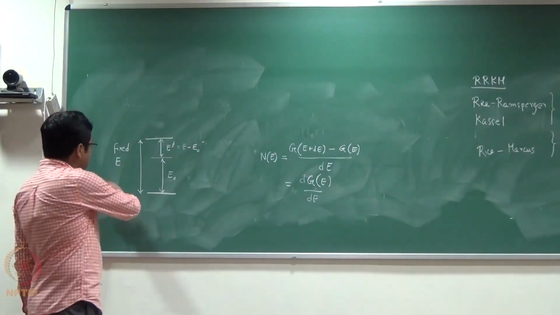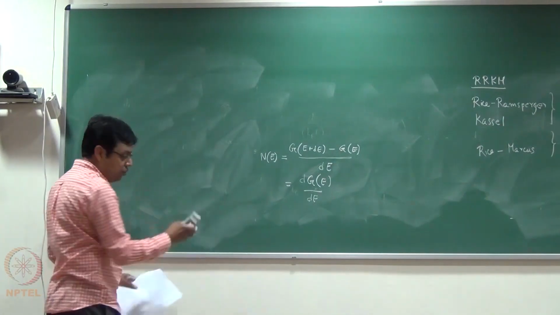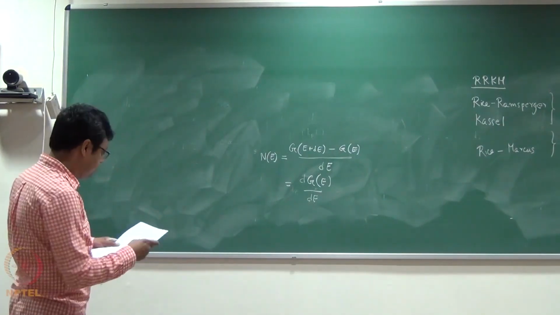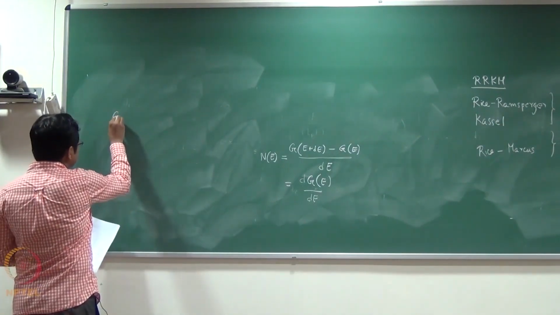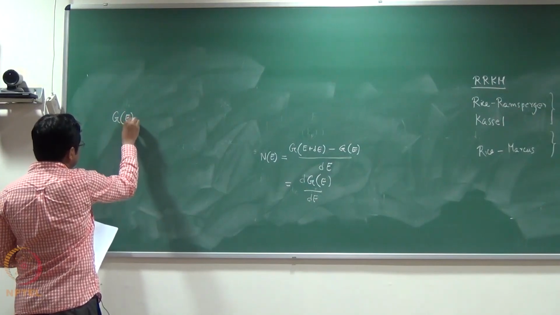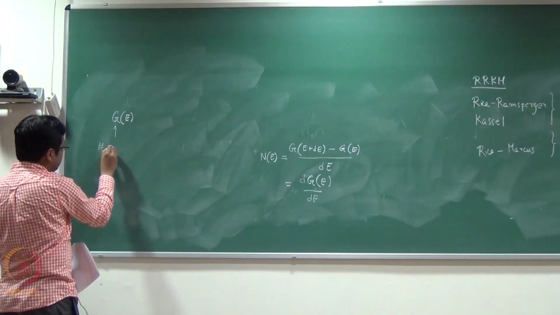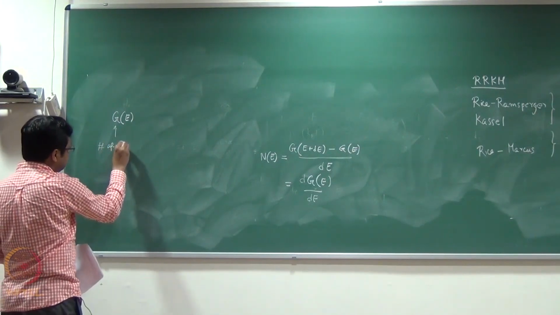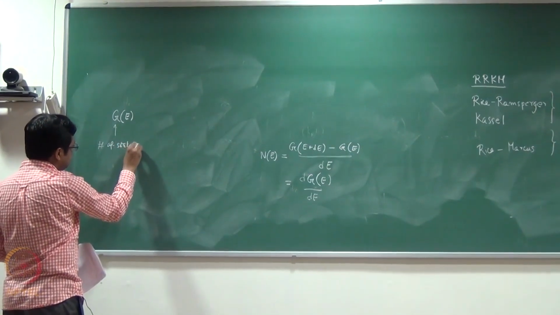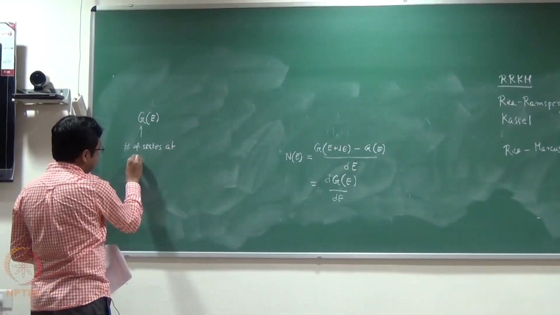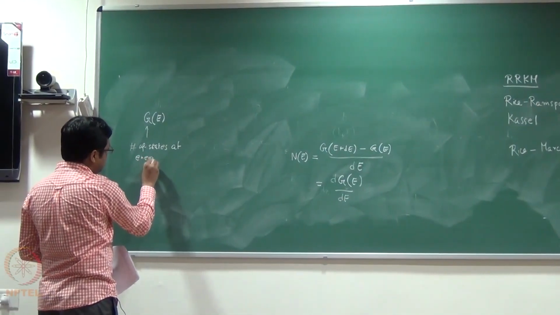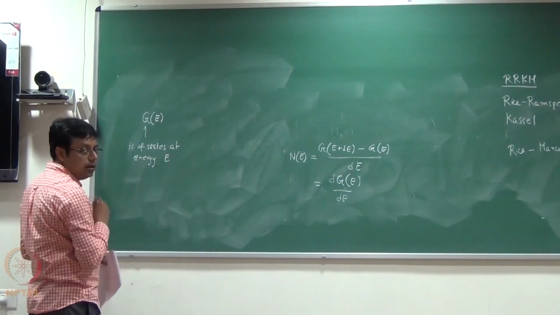So if we do it, G basically is the number of states at energy E. Clear?